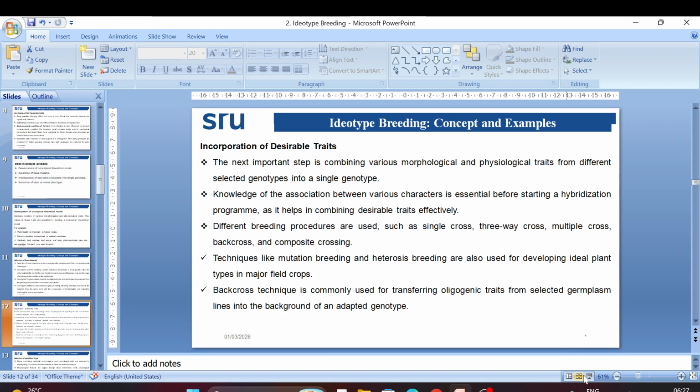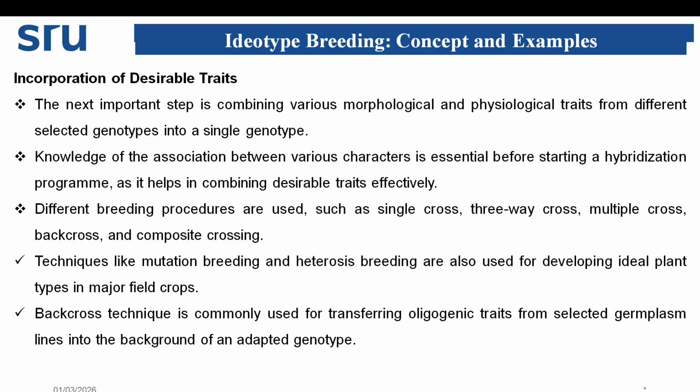Knowledge of the association between various characters is essential before starting a hybridization program, as it helps in combining the desirable traits effectively.